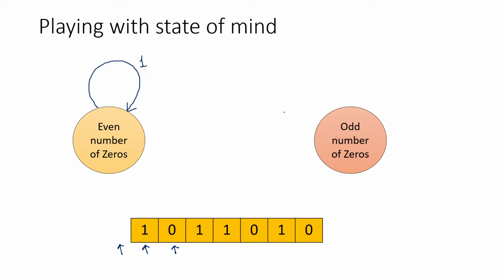So your state of mind should change from even number of zeros to odd number of zeros. That means your state of mind will change from this state to this state if you have seen a zero.